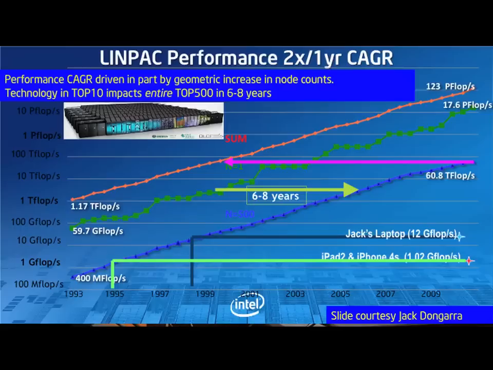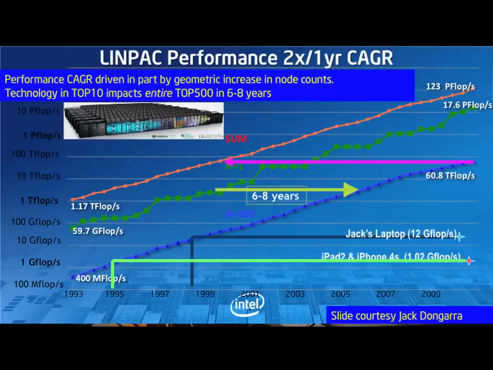It also means lots more power and new facilities and those kinds of things. I'll come back to that theme in a couple of minutes, but it's also very interesting to note that whatever is the number one system on the Top 500 list, in 6 to 8 years, that performance is basically what is required to be on the bottom of the Top 500 list.